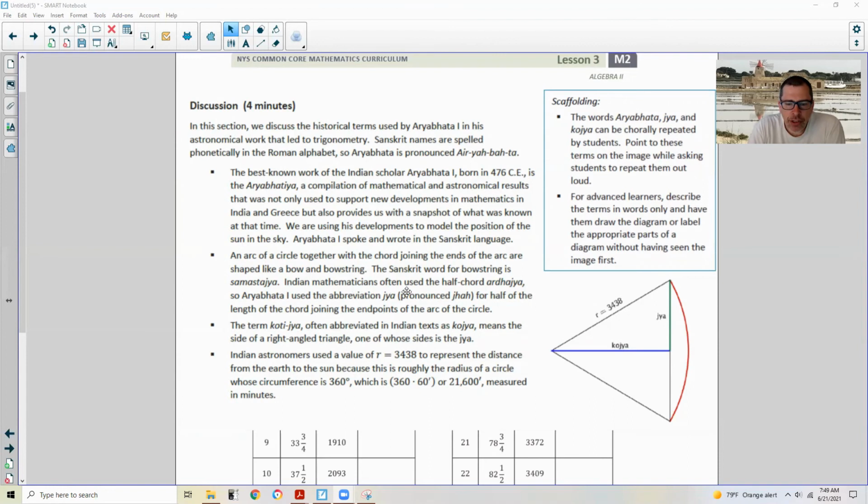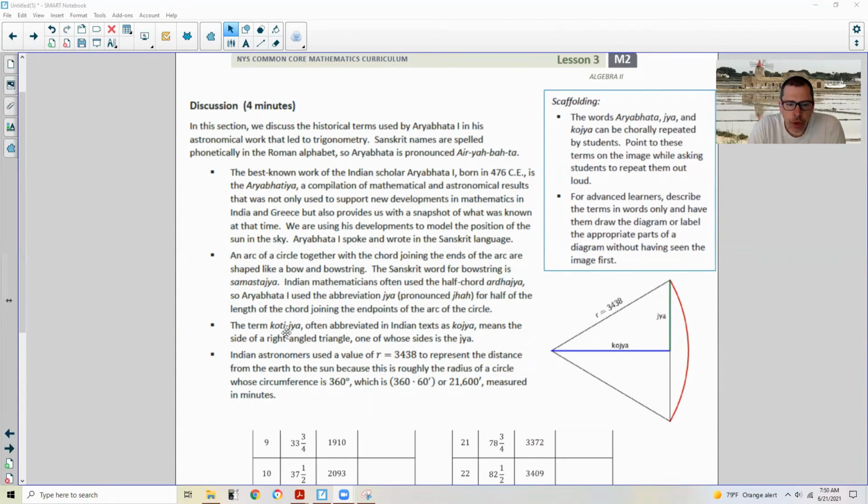Indian mathematicians often use the half chord, Ardhajya. Aryabhata the first used the abbreviation Jya, pronounced Jya, for half the length of the chord joining the endpoints of the arc of the circle. So this is the samastajya, and half of it is just Jya.